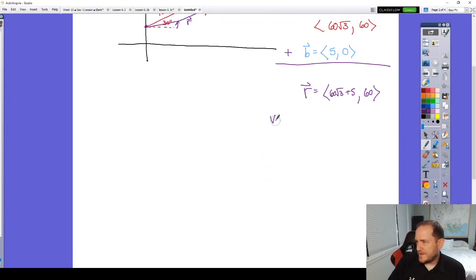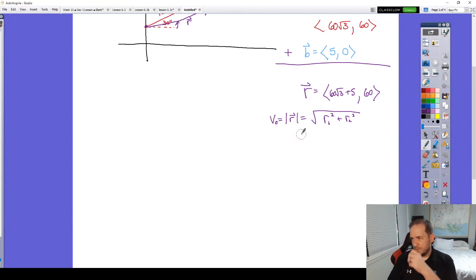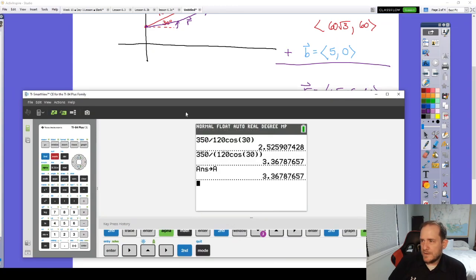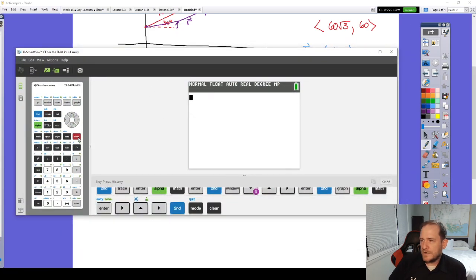So v0, our initial velocity, which is represented by the magnitude of the vector, is going to be found using our formula, r1 squared plus r2 squared, and take the square root of all that. I'm just going to do it in the calculator. So here's your calculator.